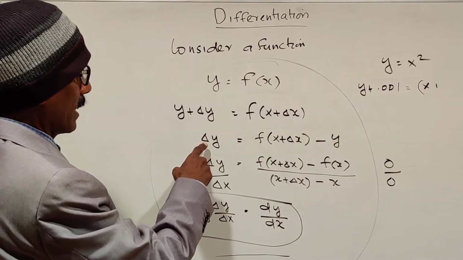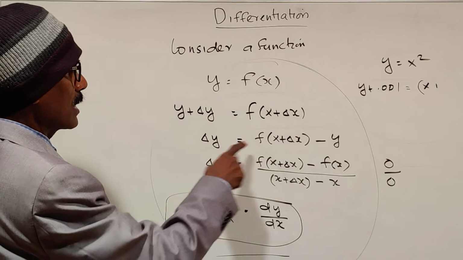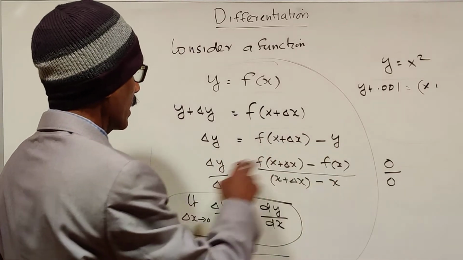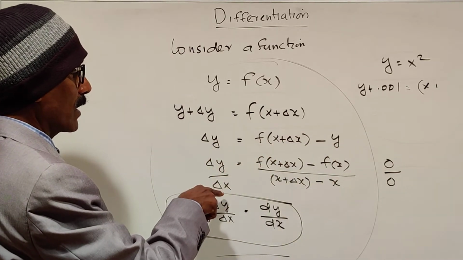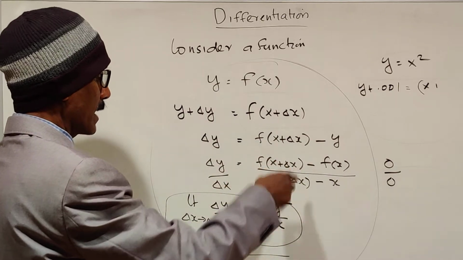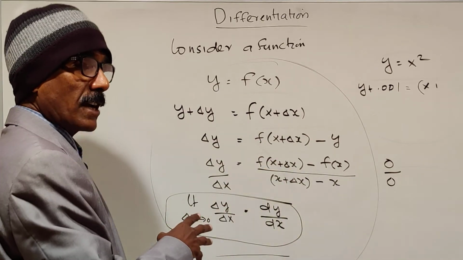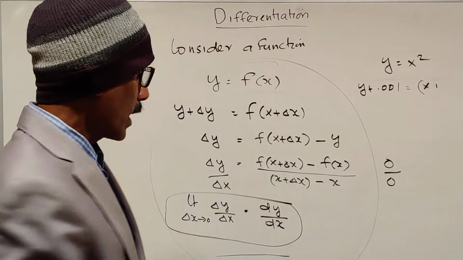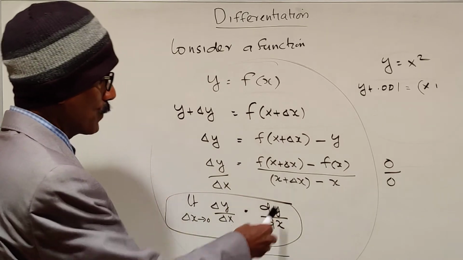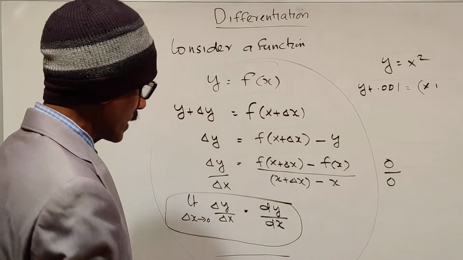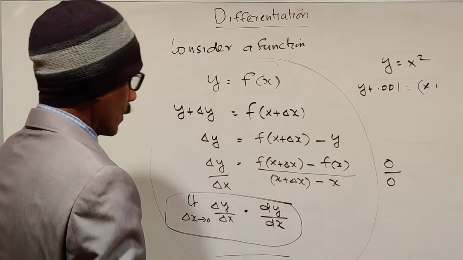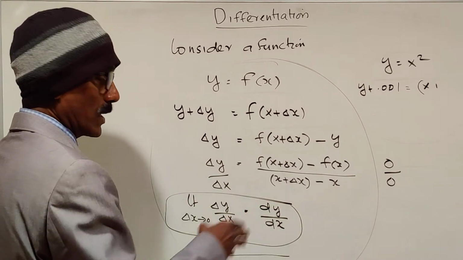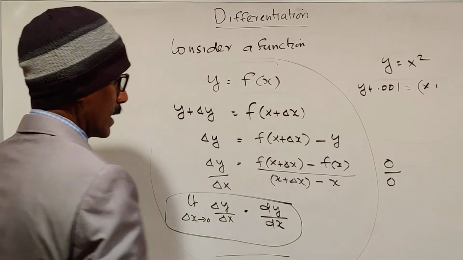Then find out delta y. Delta y equals f of x plus delta x minus y. Find delta y by delta x, dividing throughout by delta x. Then limit delta x tends to 0, that is the derivative of y with respect to x. You can say it is the rate of change of y with respect to x, or the derivative of y with respect to x.